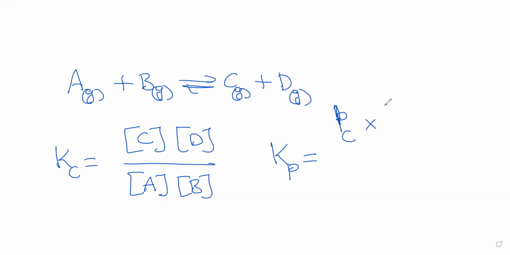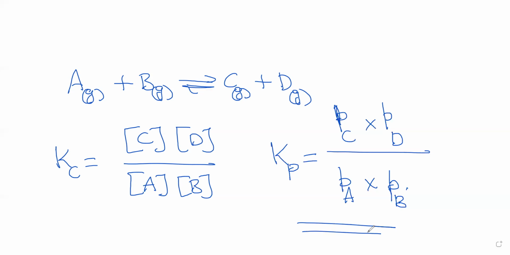So Kp is the partial pressure of C into partial pressure of D divided by partial pressure of A multiplied by partial pressure of B. So this is how we write Kp. The difference you can see here: concentrations are considered in Kc, while the partial pressures of the individual gases are considered in Kp.